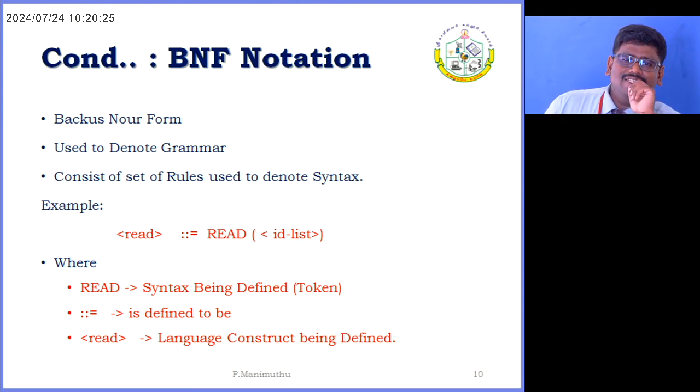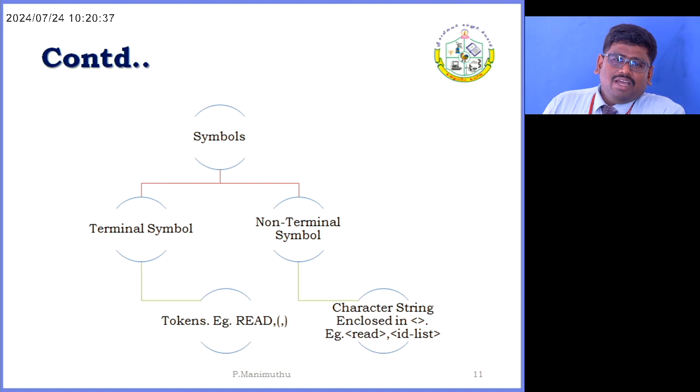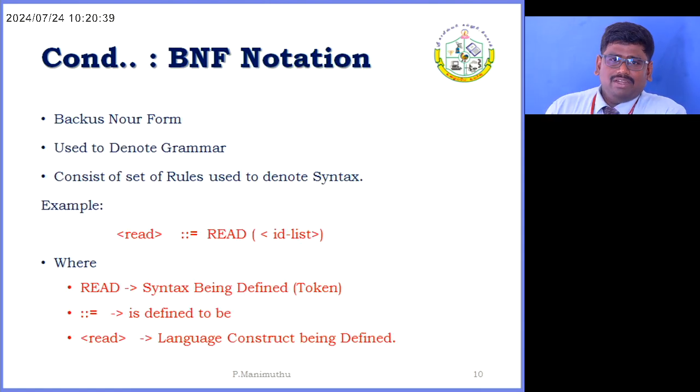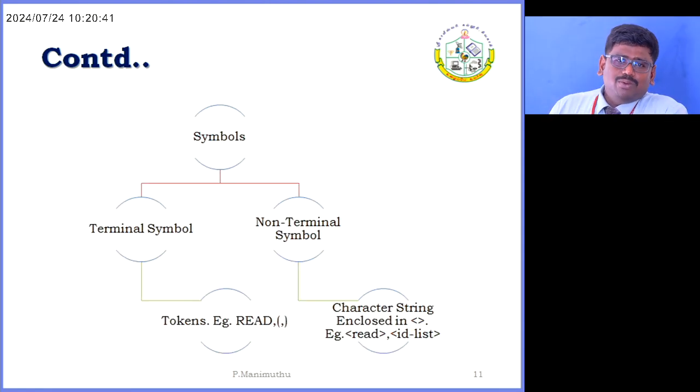The read statement is defined as read followed by ID list. Here, in the syntax being defined, read is a token, and the symbol means 'is defined to be'. In a BNF grammar, two types of symbols are used: terminal symbols and non-terminal symbols.